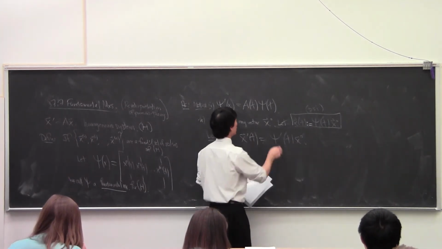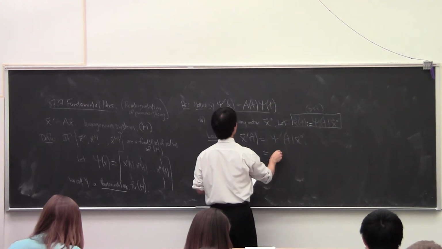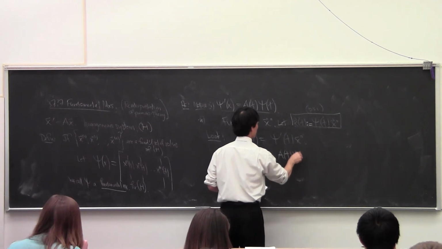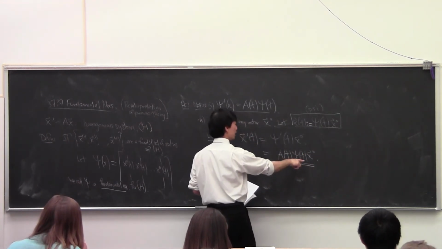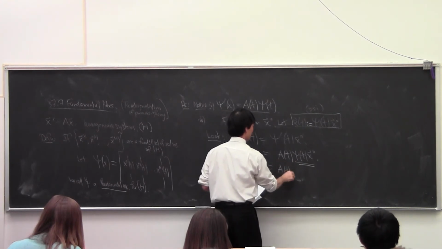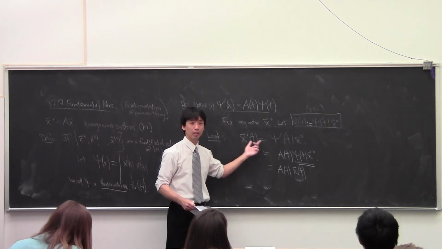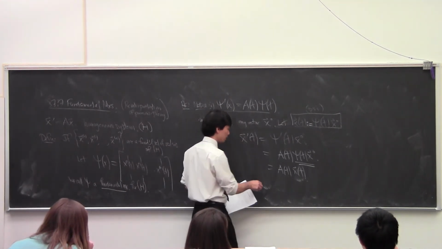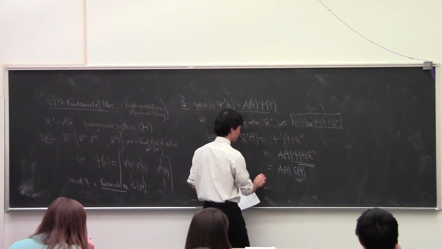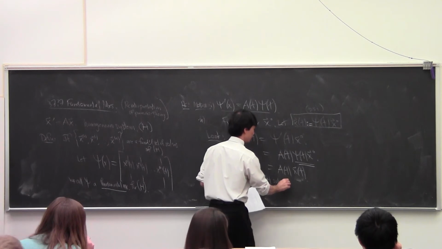But this, by our first observation, is A C of t x naught. Right? A times x is A x. So we've created a solution of our original equation. Right? X solves H.